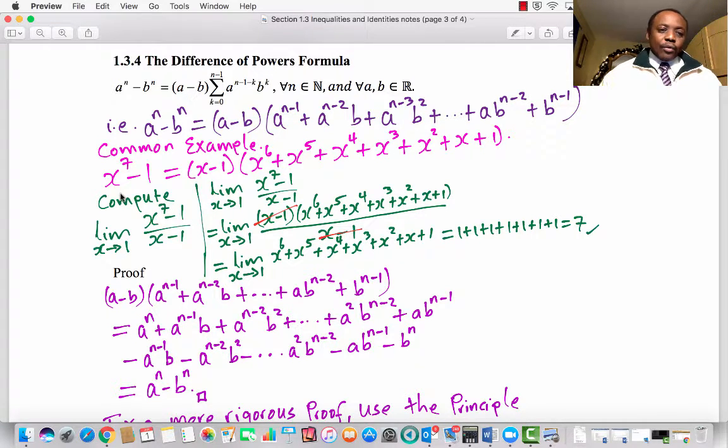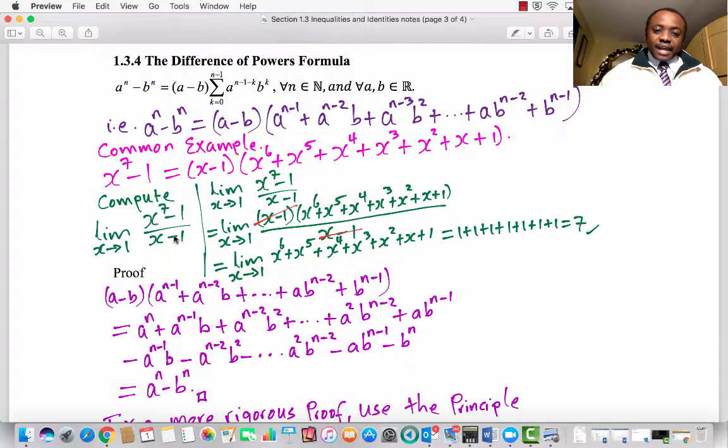So, compute the limit as x approaches 1 of x to the 7 minus 1 divided by x minus 1. You see that if I substitute 1 for x, I end up with 0 over 0. Now, if you are not allowed to use L'Hopital's rule, and I just want you to use algebraic properties to find the limit, then you would have to use the difference of powers formula.